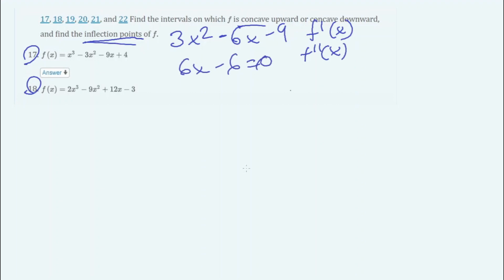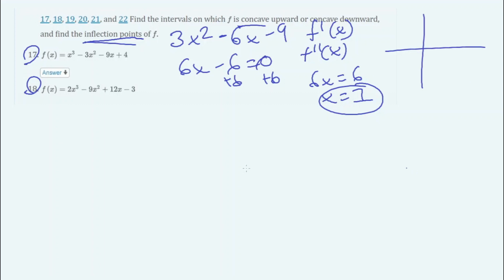And now all we do is solve for x, so we can add 6 on both sides. We're going to have 6x is equal to 6, and if you divide by 6, you're going to have x is equal to 1. x equals 1 is our inflection point. And if we draw the graph of the f double prime, x equals 1 would be right here.